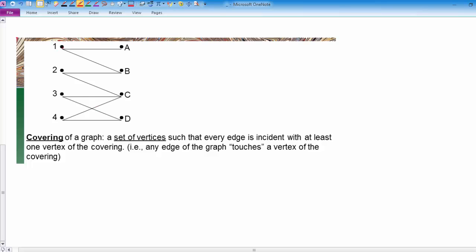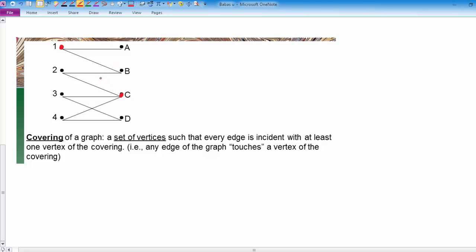So we can start by selecting vertices that will cover the most number of edges at that particular place. For example, if I select this vertex here, that will cover these two edges right here. So that takes care of those two edges. Notice that if I select vertex C, that takes care of these three edges right here, the 2C, 3C, and 4C edges.